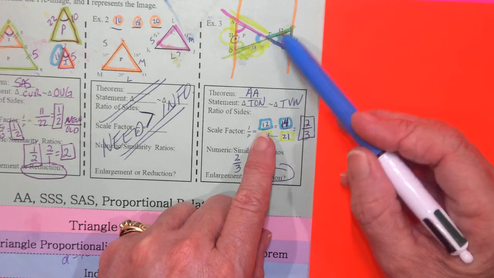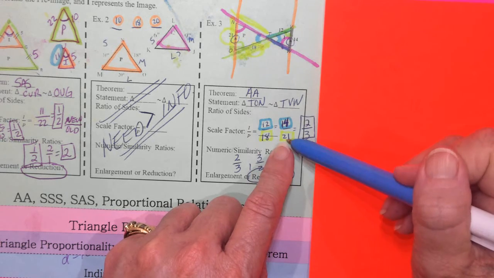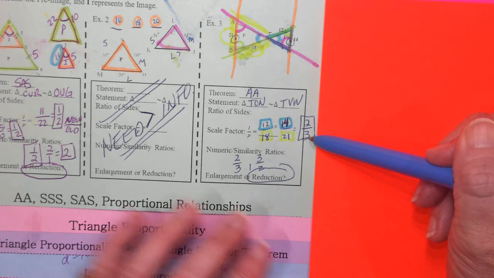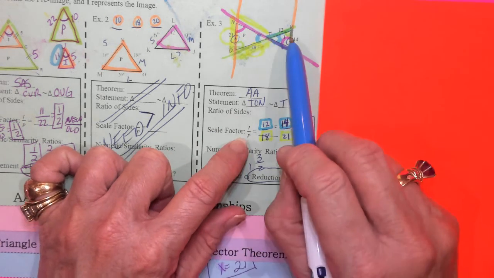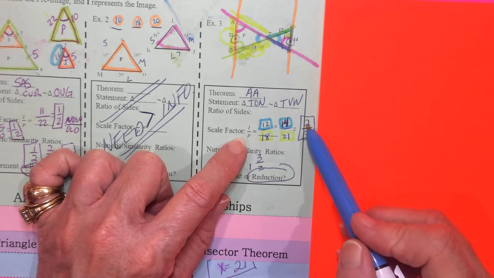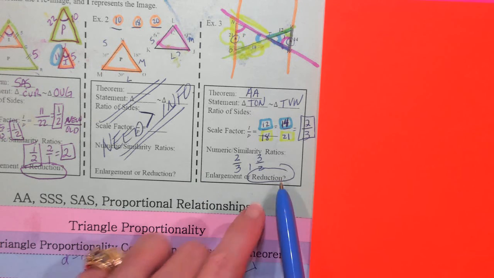So the 12 corresponds to the 18, the 14 corresponds to the 21, and those both reduce to 2/3. Okay? Since scale factor is always I over P, we're ending up small, we're starting big, it is a reduction, so we do need a number that's less than 1, greater than 0, and it was a reduction.